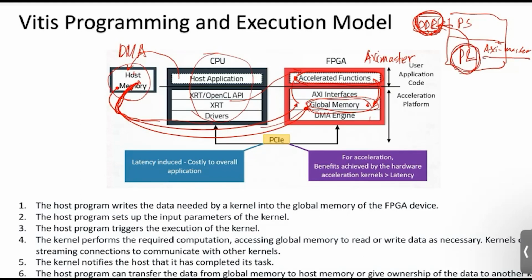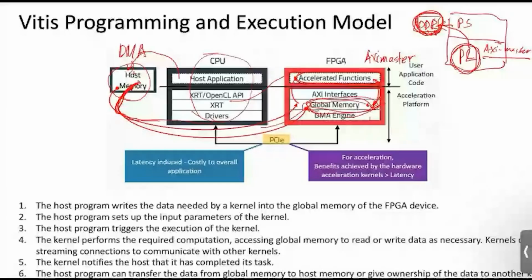In Vitis programming you use a DMA to move data to the global memory. For certain embedded devices you do have a local DDR memory on the PL side. For example, the ZCU104 board has a local DDR memory on the PL side, so that will operate exactly like this model.